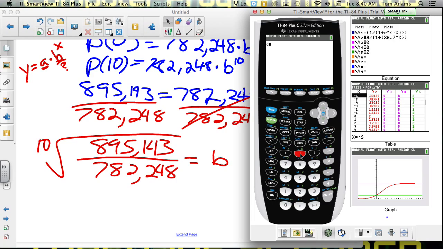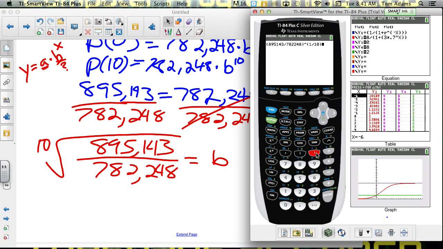Well, that something is 895,193 divided by 782,248, close the parentheses, and raise that to 1 divided by 10. See how I put it in the calculator? Looks completely different than what I've written on the board. Okay?